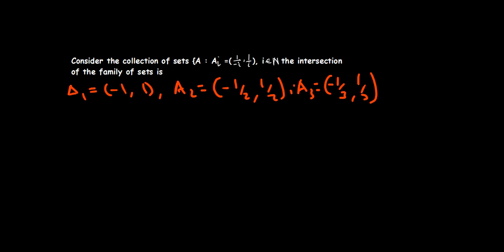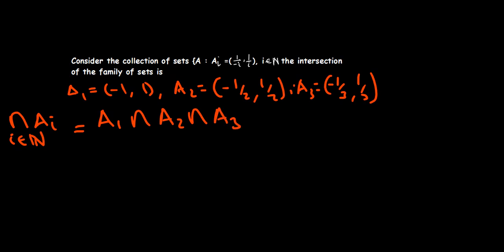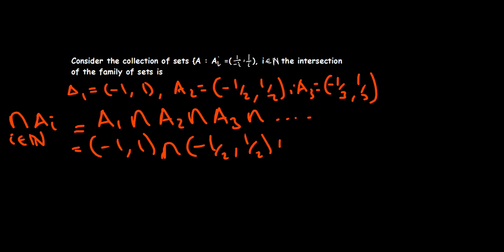So now we can say the intersection of these sets, such that i is a member of the natural numbers, of A_i is going to be, so when I intersect all these sets going up to infinity, what do I get? When I intersect these, I intersect negative 1 over 2, 1 over 2, then I intersect negative 1 over 3, 1 over 3.